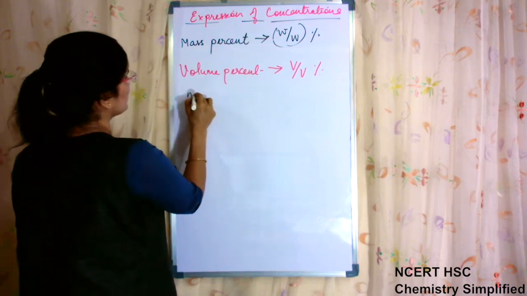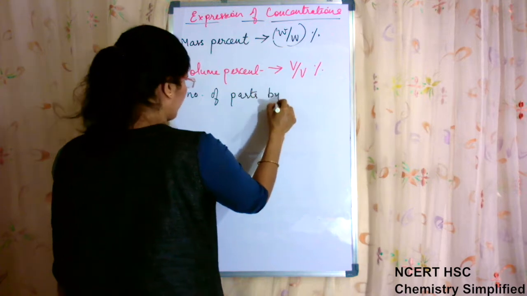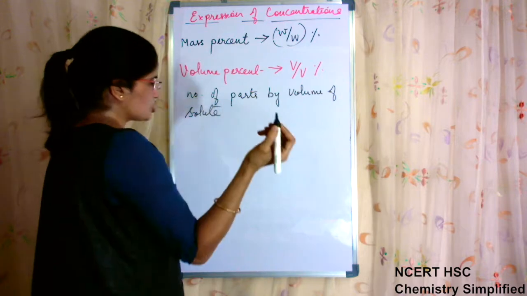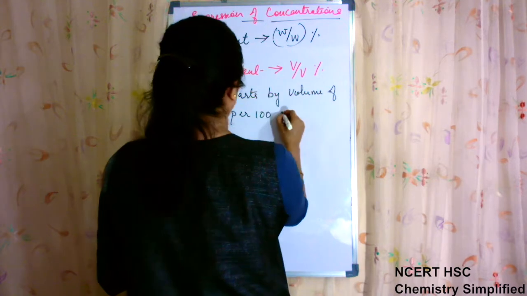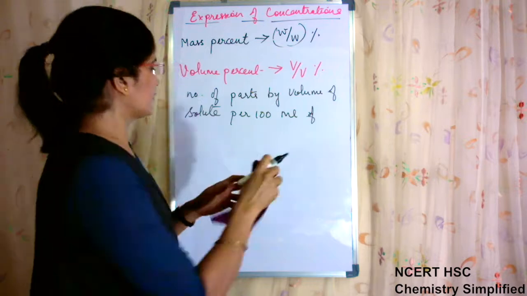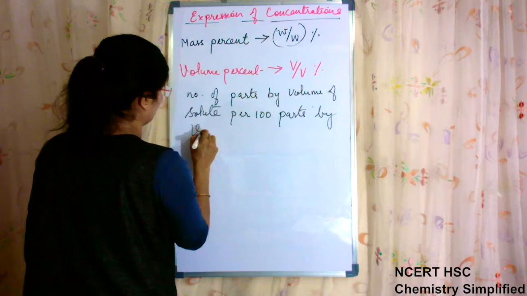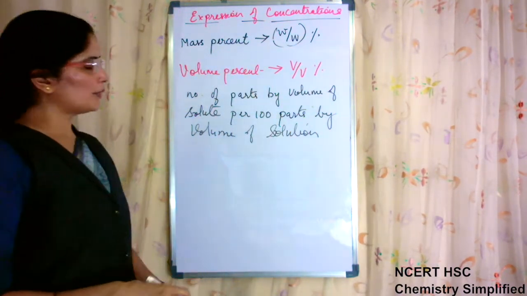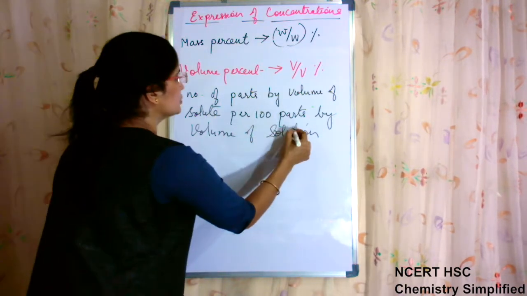Again, according to the definition, number of parts by volume of solute, or solvent also may be there, per 100 ml of, or better write, 100 parts by volume of solution. Number of parts by volume of a solute per 100 parts by volume of the solution.